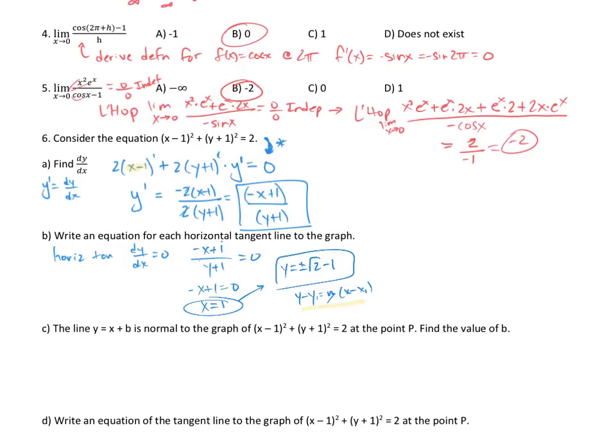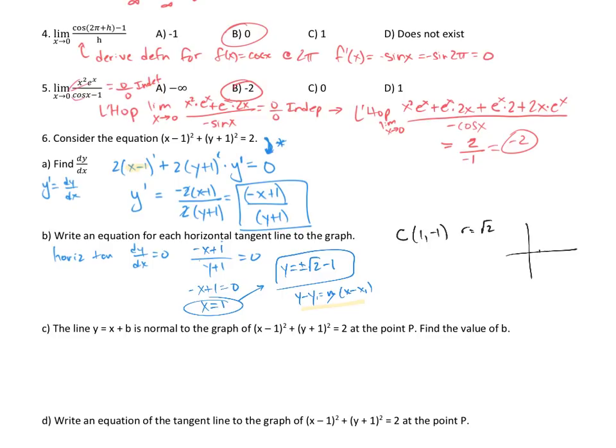Also, if you take a look at this equation, what you really have here is the equation of a circle, and it is a circle that has a center at 1, negative 1, and a radius of root 2. So if you had set this up, let's put a little quick axis here.